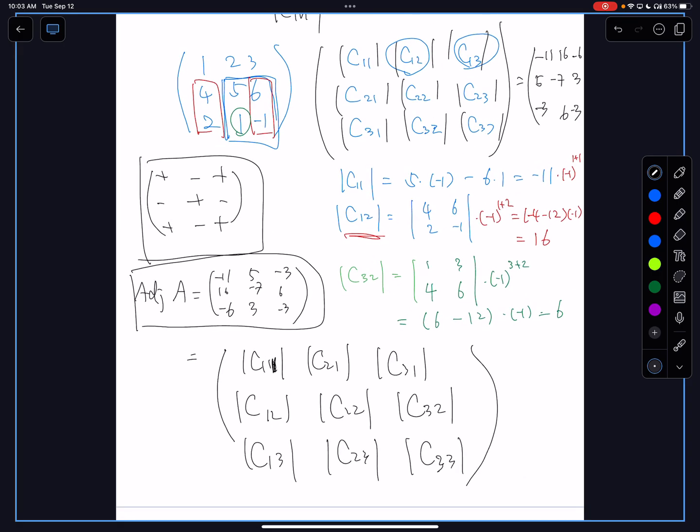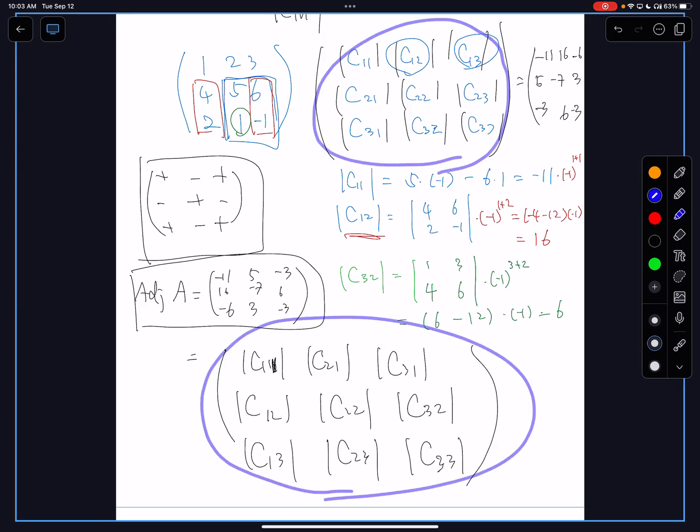See, this is different from the previous one; they're not the same. This is the transpose of that matrix. So the indices follow the original matrix A, but you need to transpose it to find the adjugate matrix.